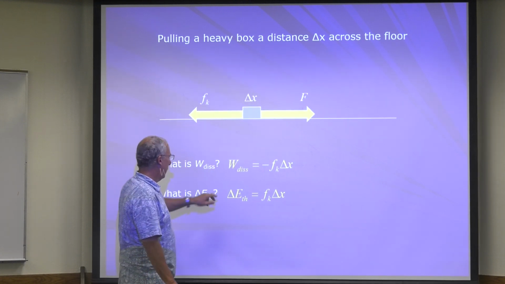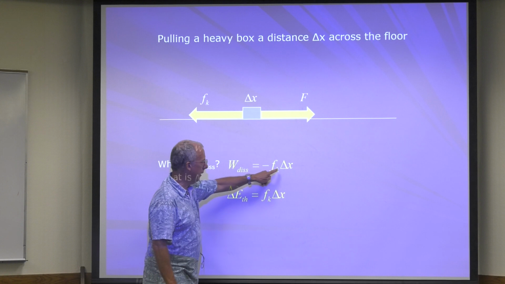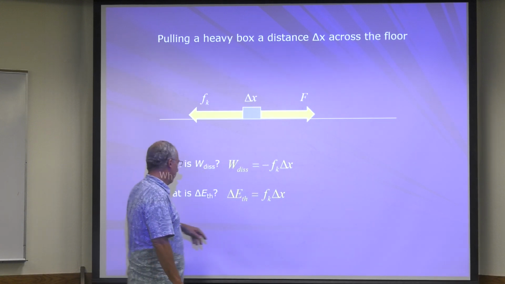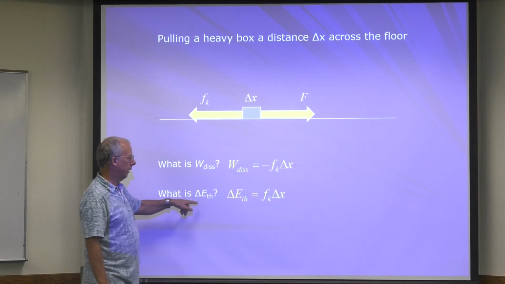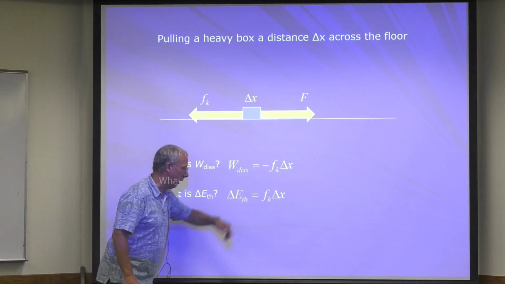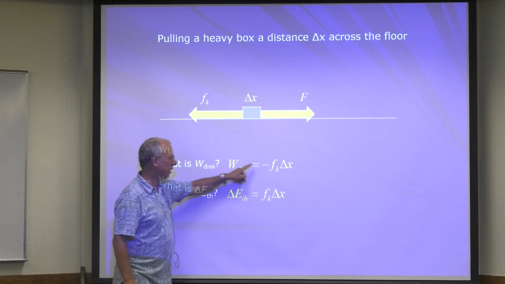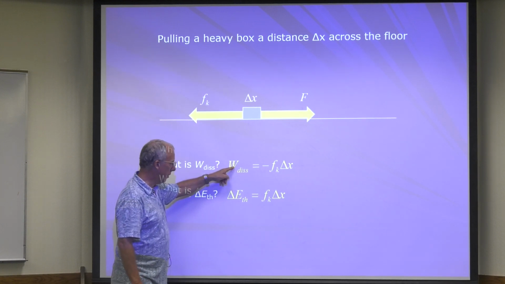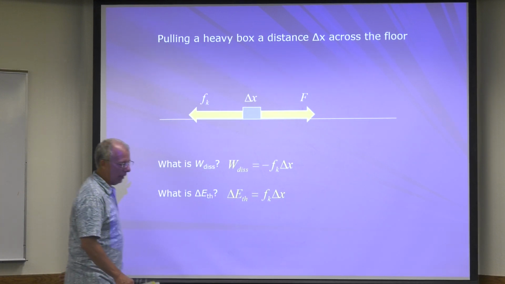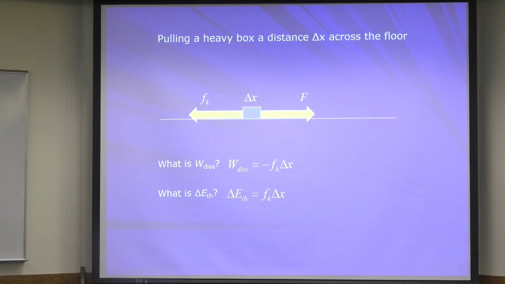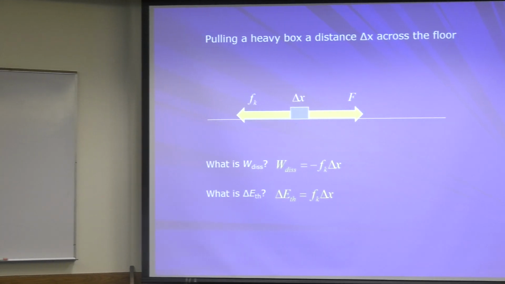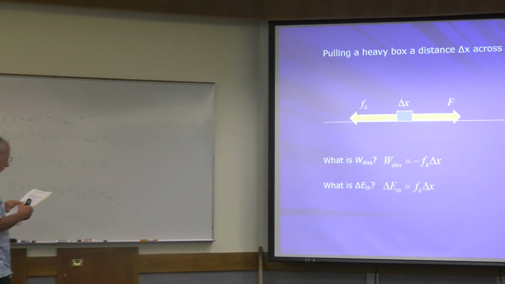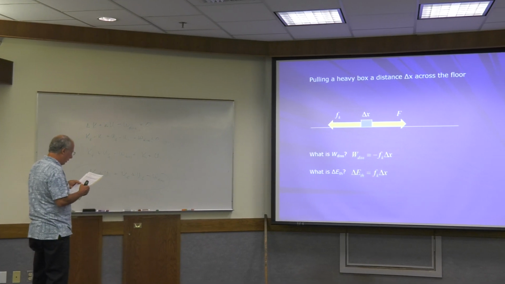So W dis is minus Fk delta x. And therefore, what's delta E therm? The negative of that, so just Fk delta x. So this is a piece of cake to figure out W dis. Since we know W dis equals minus that, we can figure out these delta E therms. Nice, wonderful.